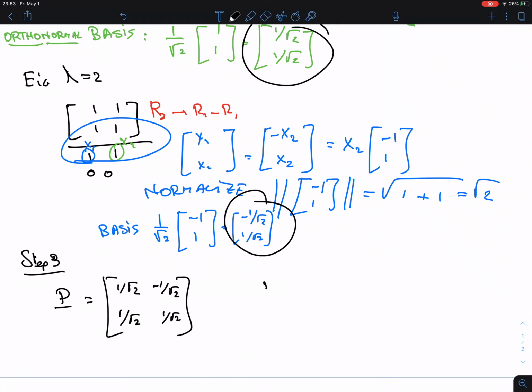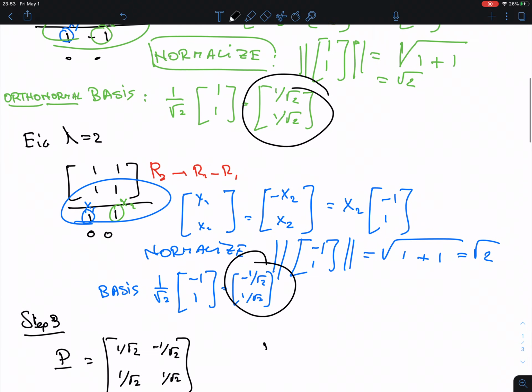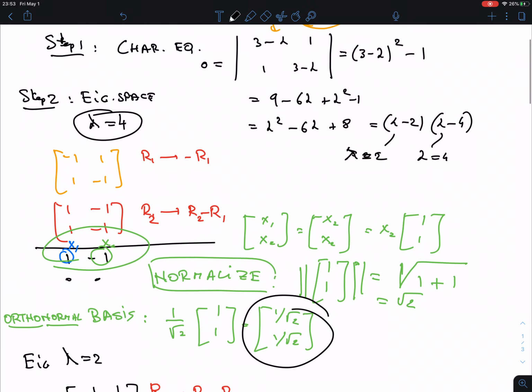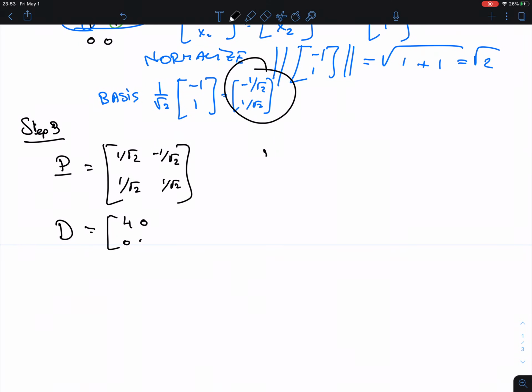But then what's the corresponding D? Let's write this here. The corresponding D, well, the first one was for eigenvalue 4, and the one for 2, right? So 4, 0, 0, 2.